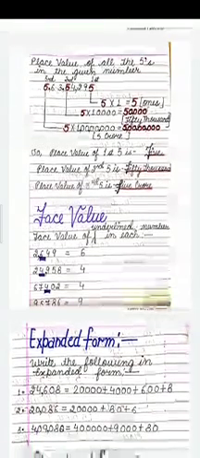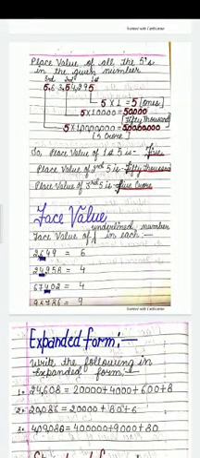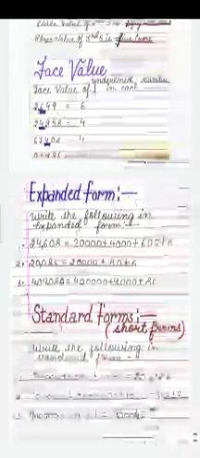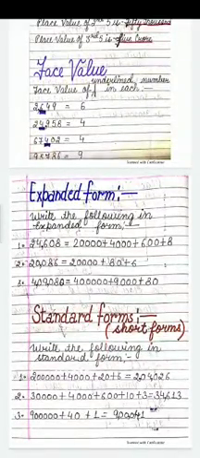The place value is simply the value of the number which is asked by its place. Similarly, here comes the next topic, face value. The face value of any number is only the number name. Suppose the number given to you is 6432.